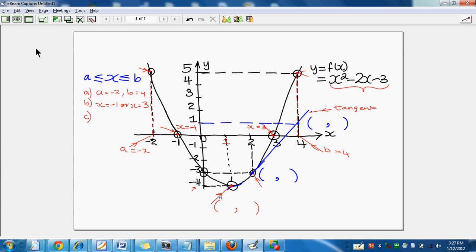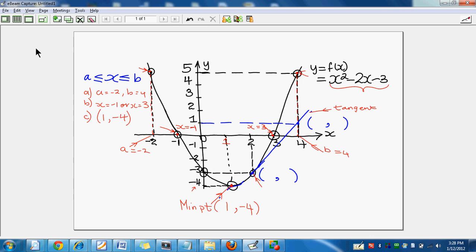So the coordinates of that point will be x equal to 1, y equal to minus 4. So your answer for C is 1, minus 4. Okay, so that will be for C.